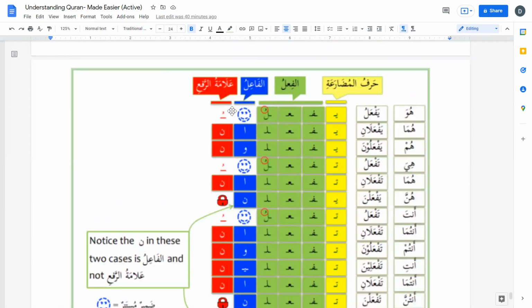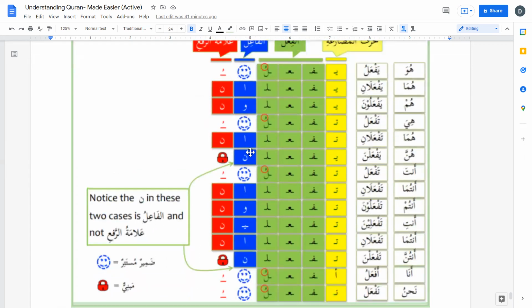So the first form, the regular form of fi'l mudari, is rafa. And then it becomes nasb and jazm. So over here today we are just looking at the alamati rafa. Why do we call yaf'alu a regular fi'l mudari, fi'l mudari marfu bid damma?